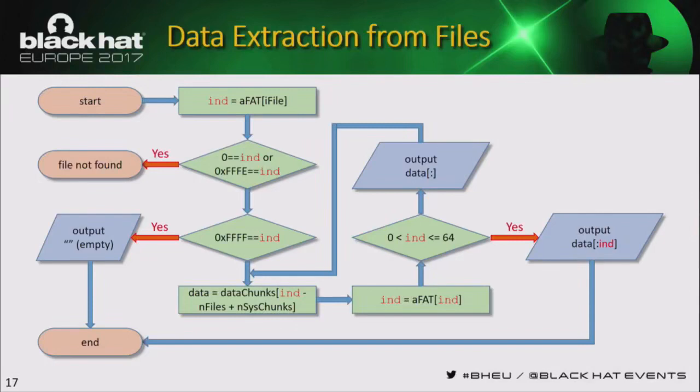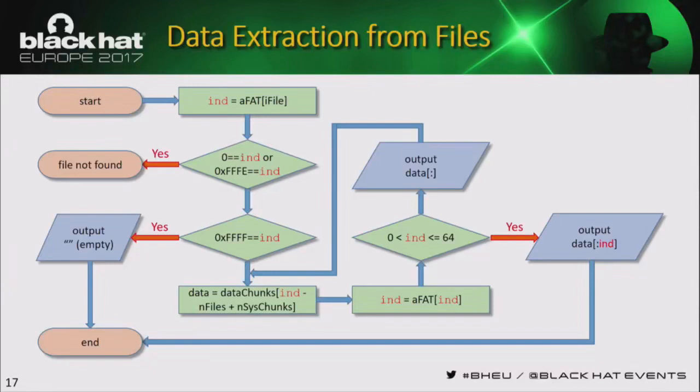If this value is stored in the index, no such file exists. Another special value, -1, is used to indicate that this file is empty, so there are no data chunks occupied by that file. In other cases, you extract the data chunk referred to by that index, and you need to extract the next index from the same array, from the FAT, the file allocation table.